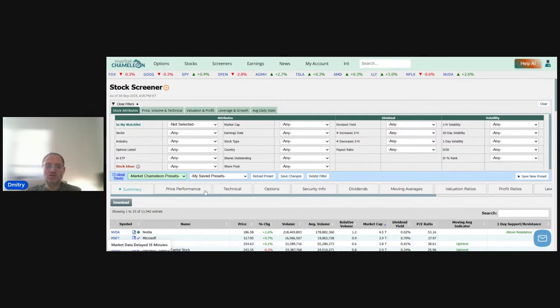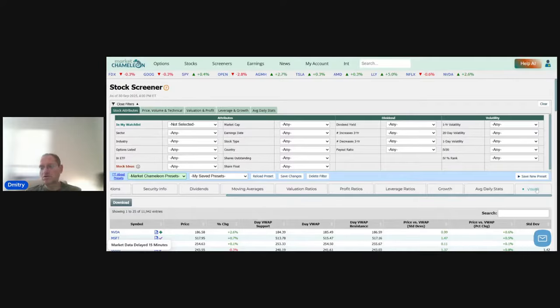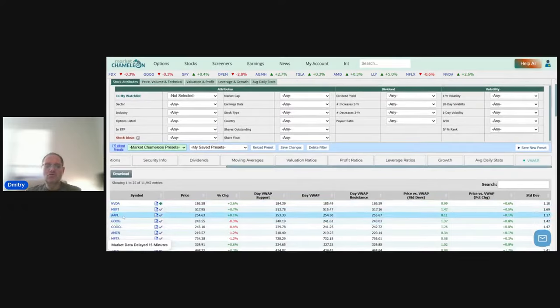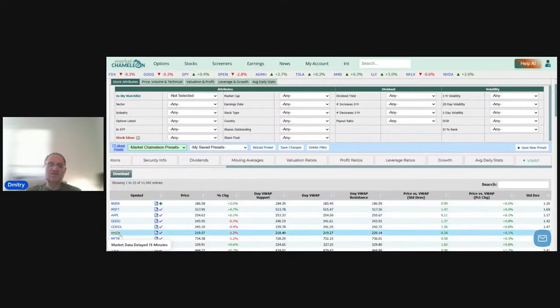If you scroll, you see these different tabs up top in the screener, shown as different data analytics. I'm going to scroll all the way to the right, under VWAP, and click on that. This gives us a table with the different stocks.